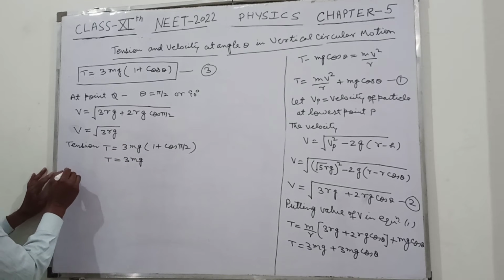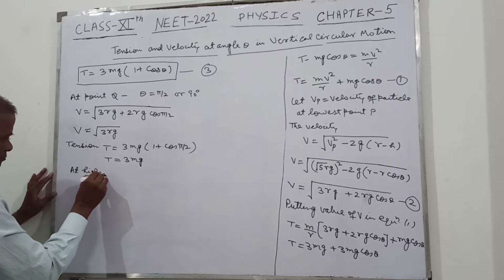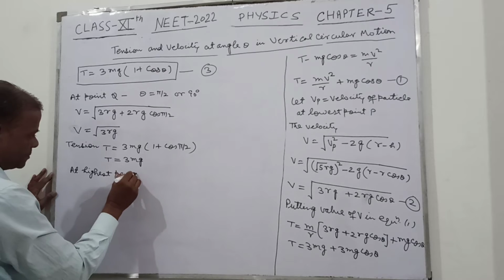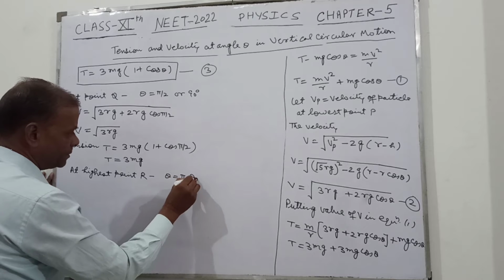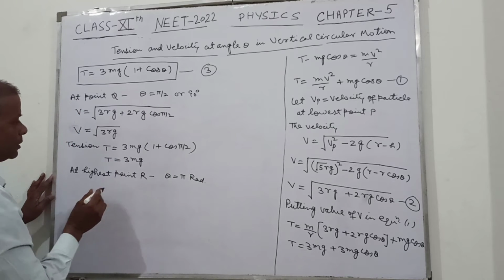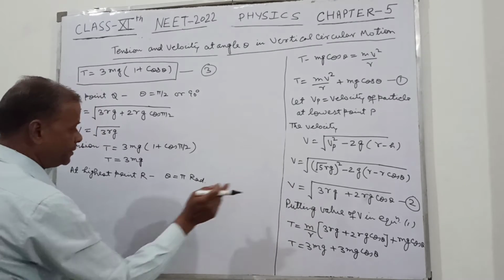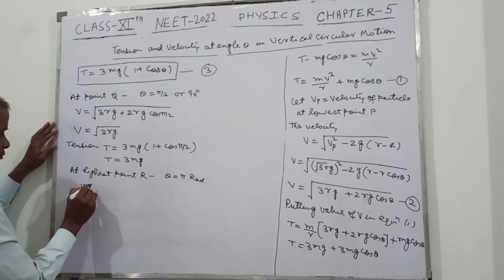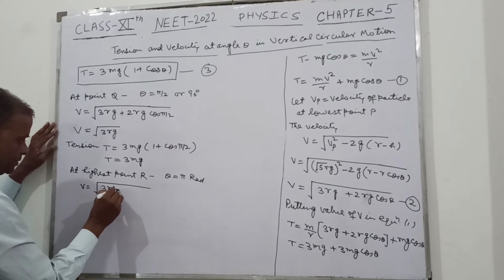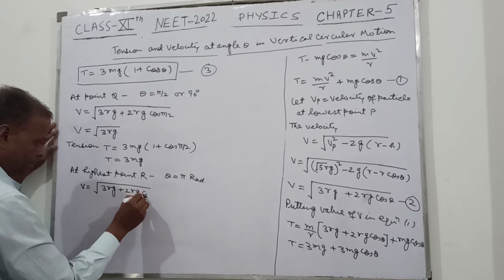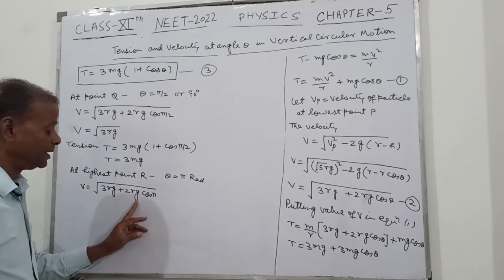And now at point R, at highest point R, theta is equal to pi radian. So now what we have? This velocity will be how much? V equal to square root of 3 Rg plus 2 Rg cos pi, and cos pi is equal to minus 1. So this will be minus 2 Rg.